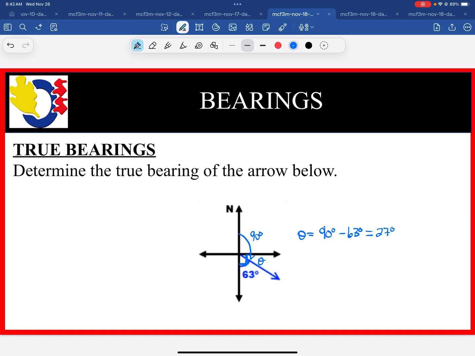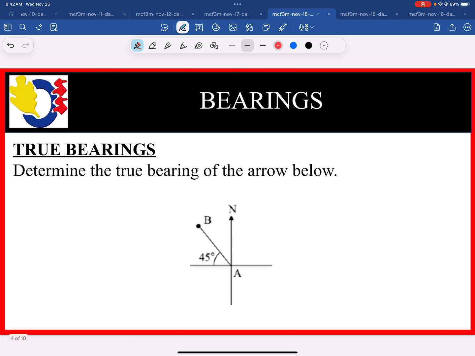So the entire angle is 90 plus 27, and that total we can call beta, or you can give it another letter. So that angle is 117 degrees true, okay?